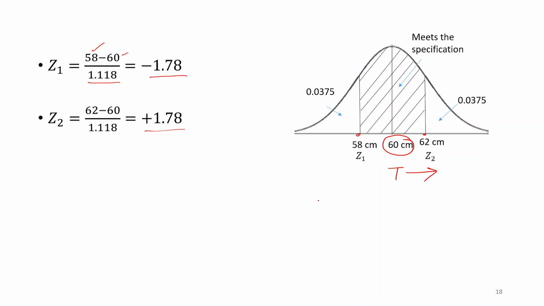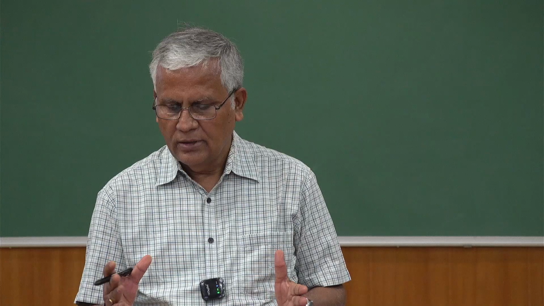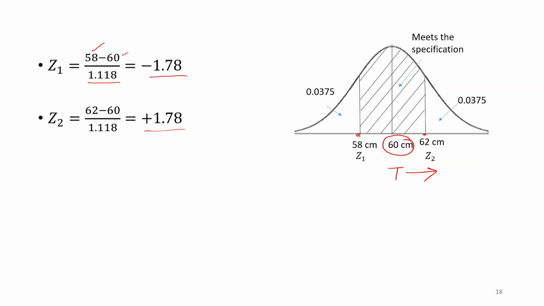We want that when the two pieces are joined, the total length has to lie between 58 and 62. So what proportion of the product is going to lie between these two limits, 58 and 62? That means we need to know the area between 58 and 62.